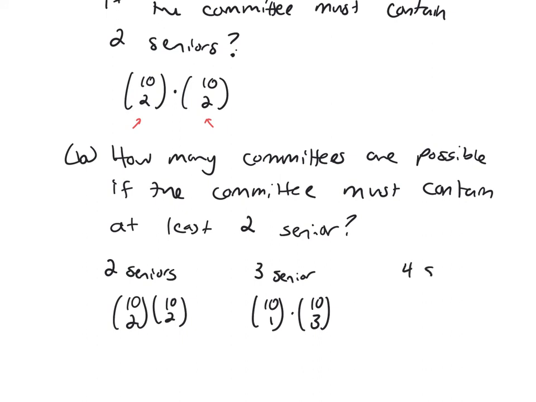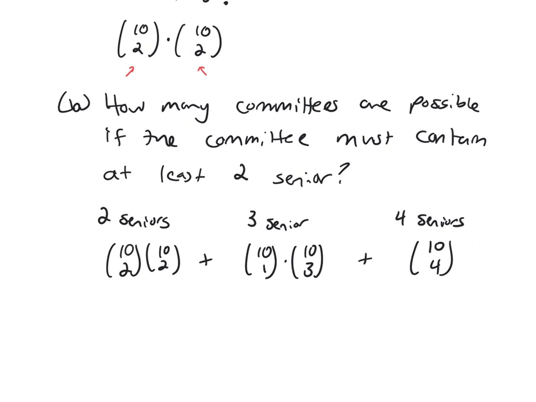And then if they were all 4 seniors, well, then you're only choosing from the 10 seniors and you're choosing 4 of them. And so then you've got to use the addition rule and add all those up. Okay, so in the end, your answer would be the sum of all of these here. Okay, so don't forget to use your multiplication rule and your addition rule.